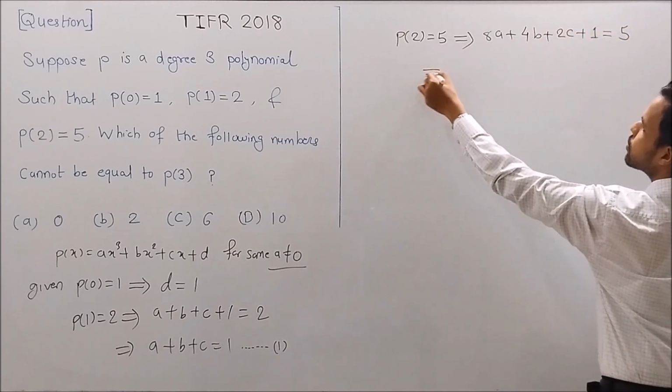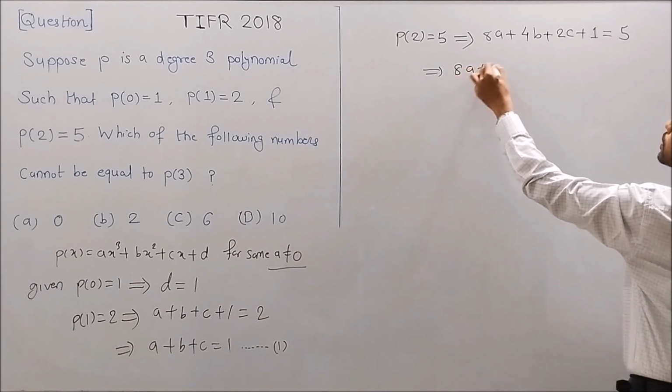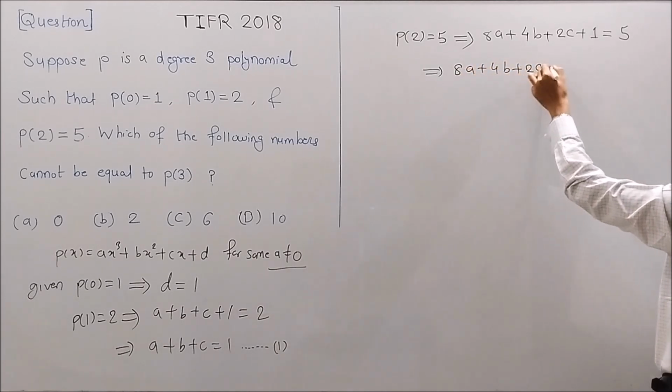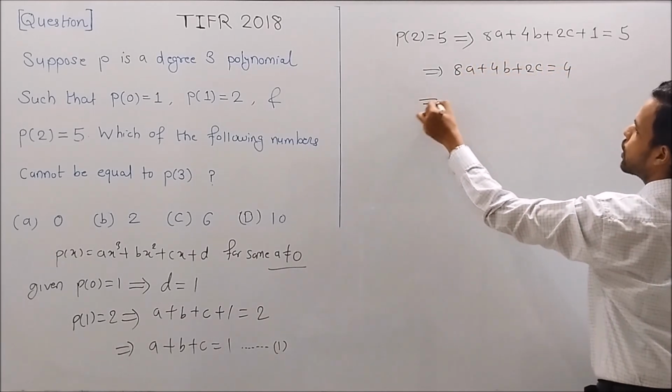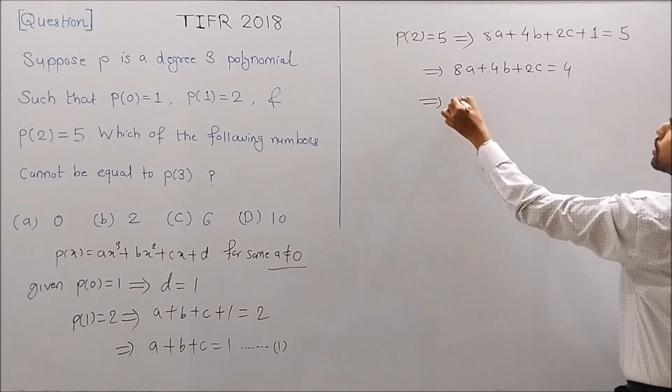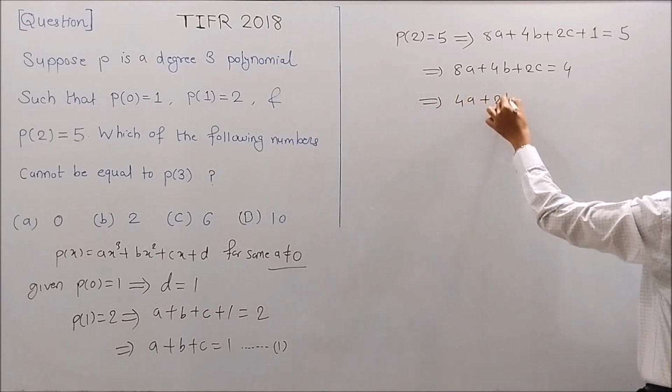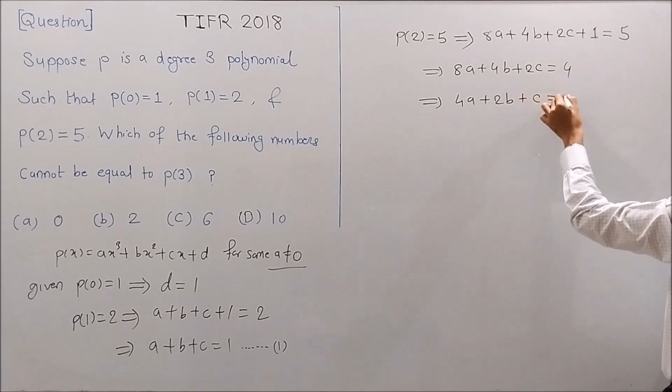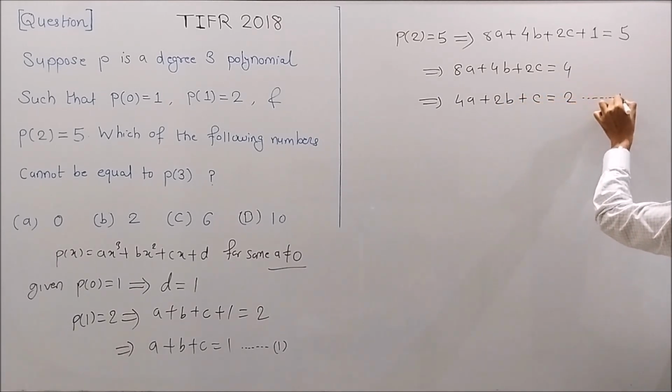That implies 8a plus 4b plus 2c equals 4, and this again implies 4a plus 2b plus c equals 2. Call this equation 2.